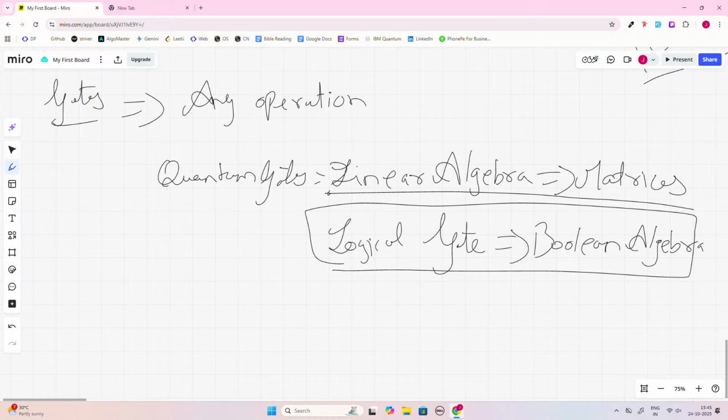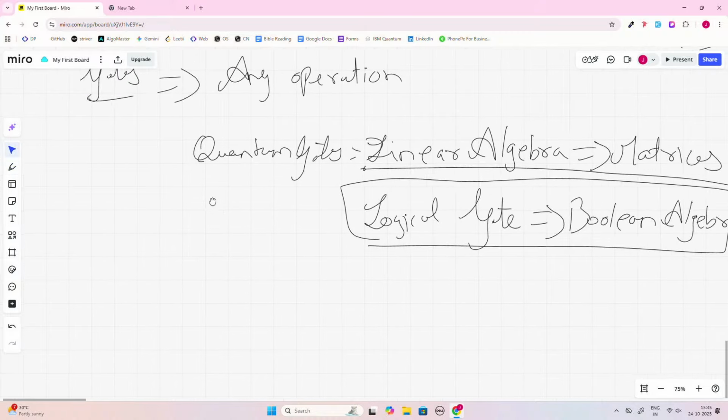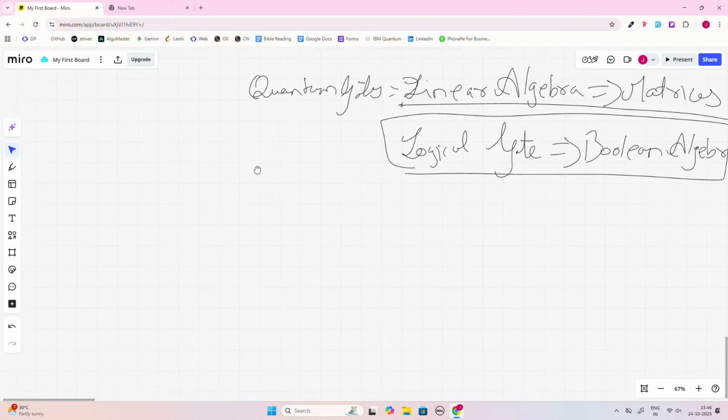Now, I also mentioned one point when I was explaining qubits and quantum states. What is the point I mentioned? When you take a random variable a equal to 23, this is a value. But when you take a quantum state, it is a vector. If I define a quantum state psi, it is nothing but a vector.